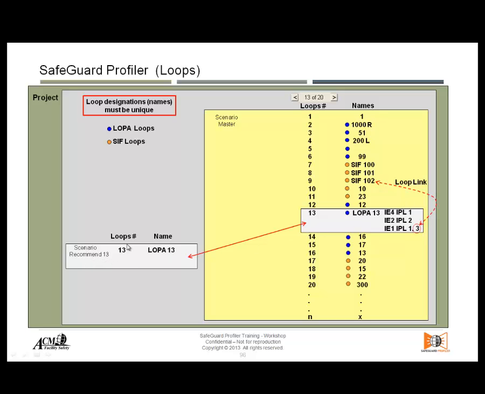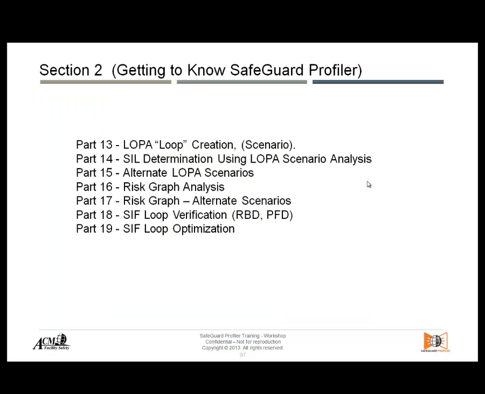So, scenario, loop number 13, LOPA name, unique, LOPA 13, with initiating event 1 and IPL 1, independent protection layer, which is the third protection layer, linked to SIF 102. So that was a graphical representation of the internals of SafeGuard Profiler.